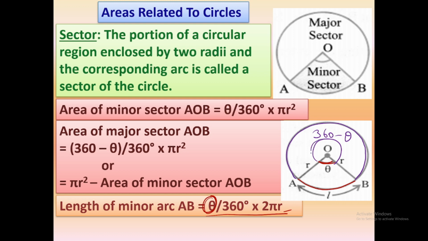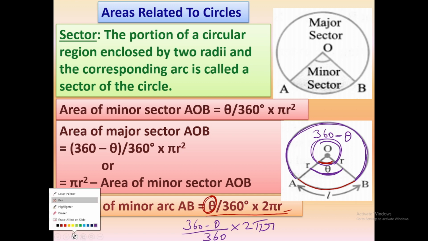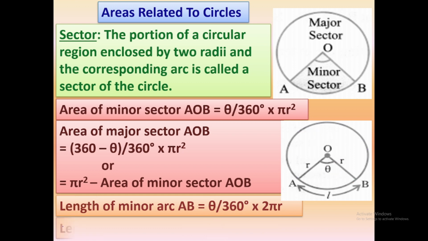From the whole, we will subtract this angle, that is 360 minus theta. So to find the length of the major arc, the formula will be 360 minus theta upon 360 into 2 pi r. So this is the way to find the length of the major arc. Just see it.